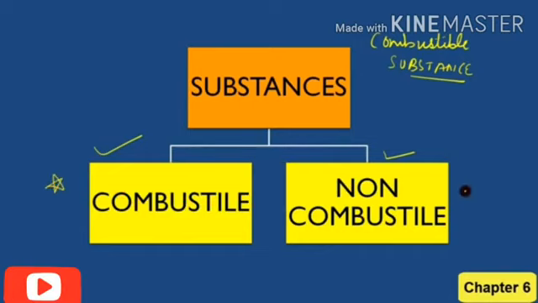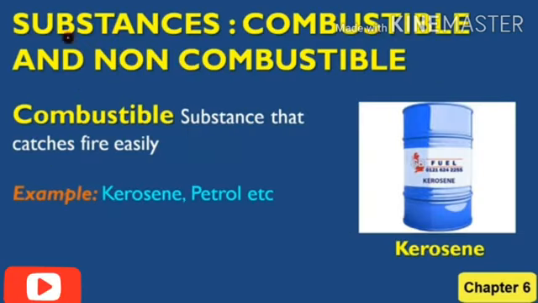Can you give some examples of combustible substance? Very good. Combustible substances have examples like paper, wood, fossil fuels, LPG, etc. Substances which are combustible are able to catch fire easily, like we have kerosene and petrol.